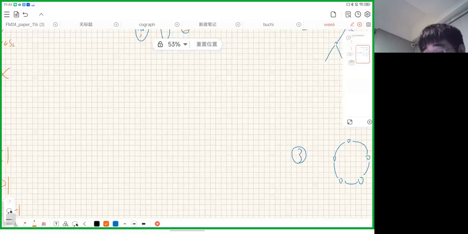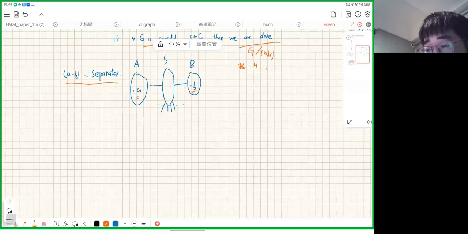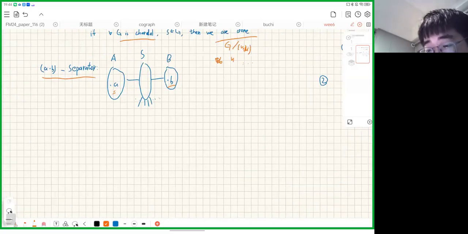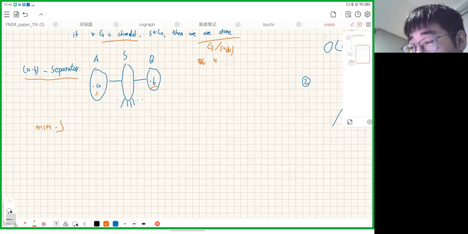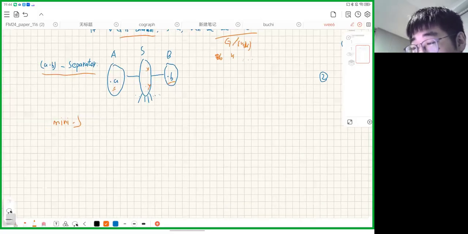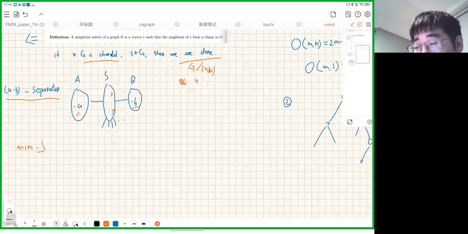Okay. Let's consider the minimal separator, the minimal S. A minimal separator of any A and B should be a clique. Why? Because if it's not a clique, then there exist some vertices, let's say X and Y, with no edge between them.